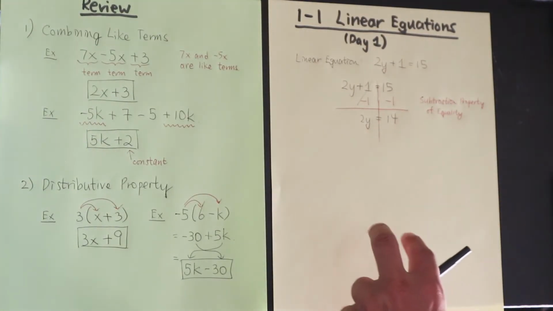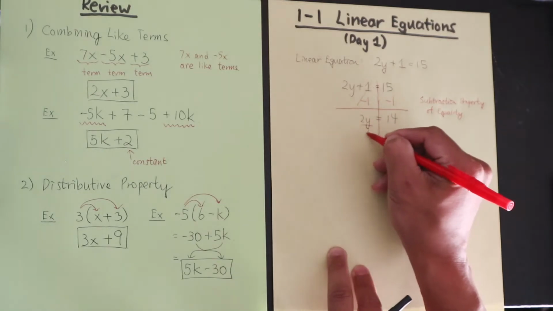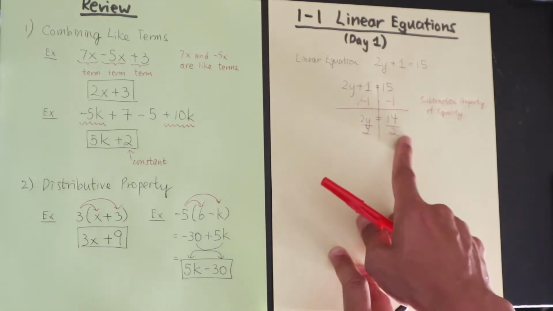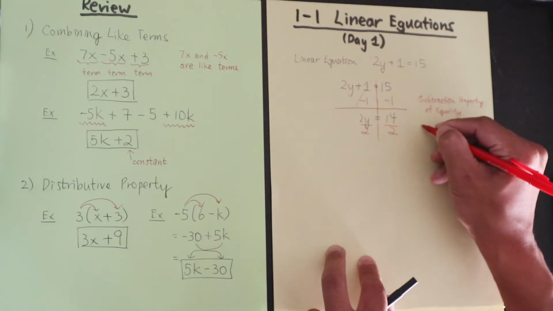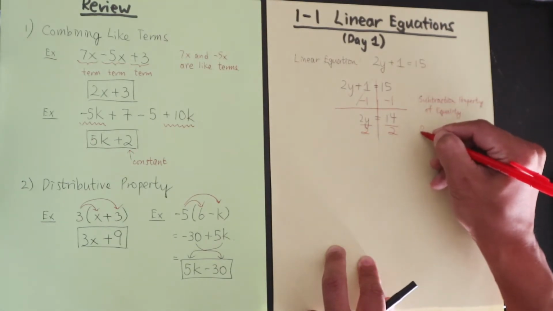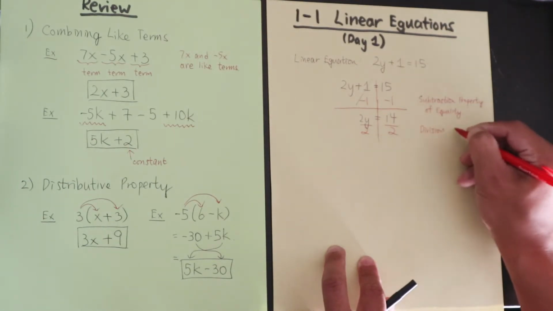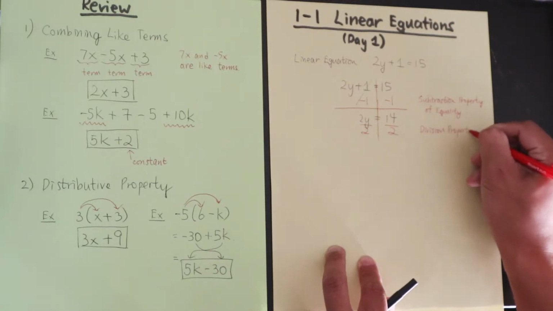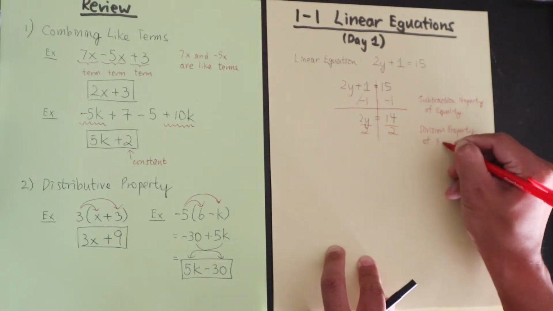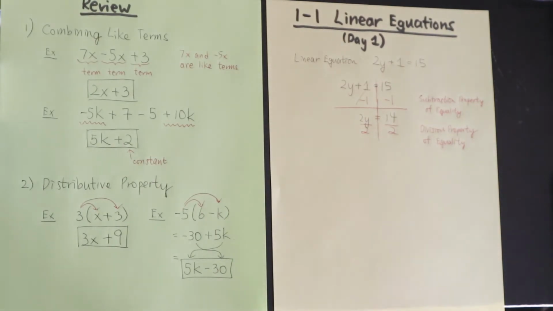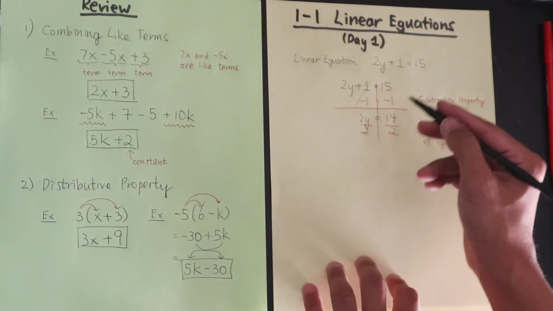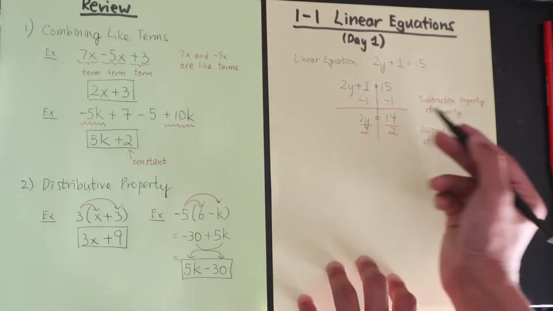So since it's multiplication, the opposite of multiplication is division. You divide both sides by 2. And that step is called the division property of equality. So you divide both sides by 2. 2 divided by 2 becomes 1.